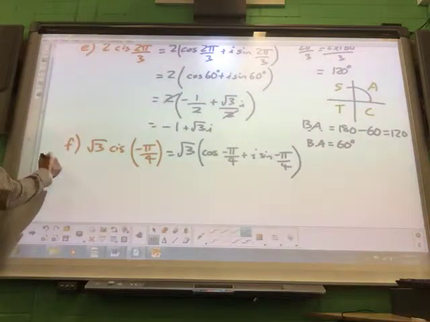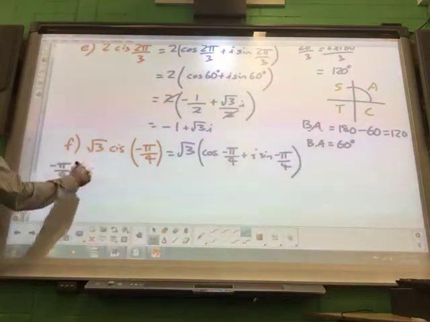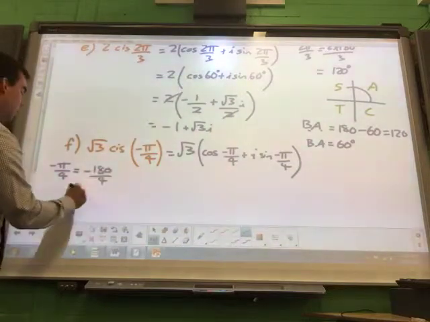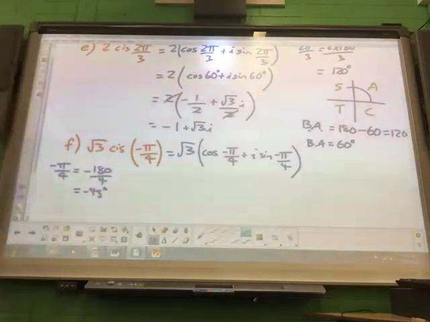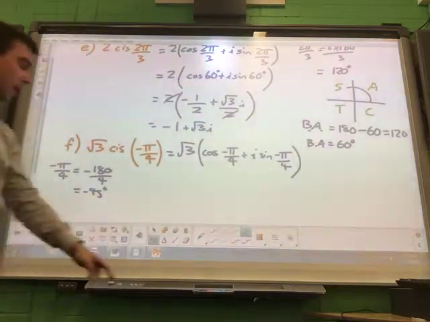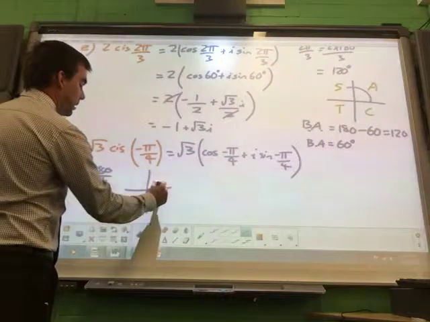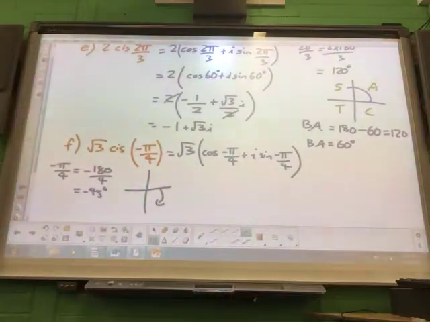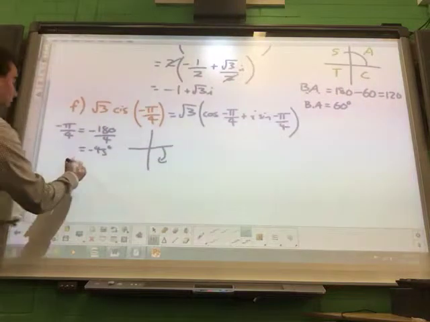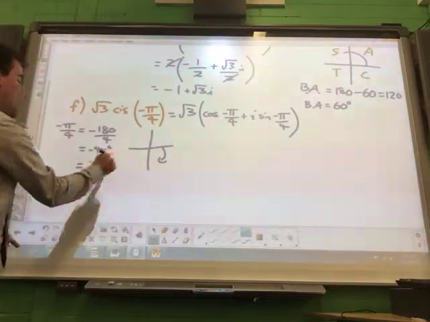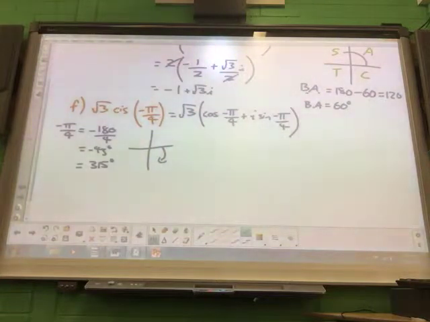Negative pi on 4 is equal to negative 180 on 4, which is negative 45 degrees. Going back to our degrees measure to help us out, negative 45 degrees is going backwards that way. So it's the equivalent of 315 degrees, going around anti-clockwise.